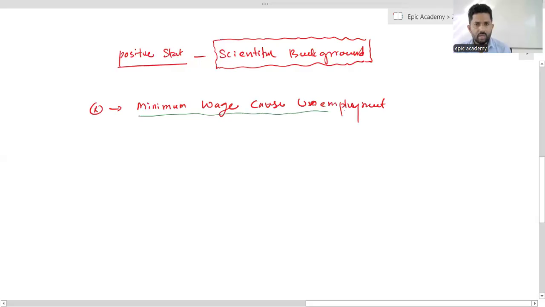Now you can use the scientific method to check or investigate this kind of statement. Minimum wage. So what do we mean by the minimum wage?